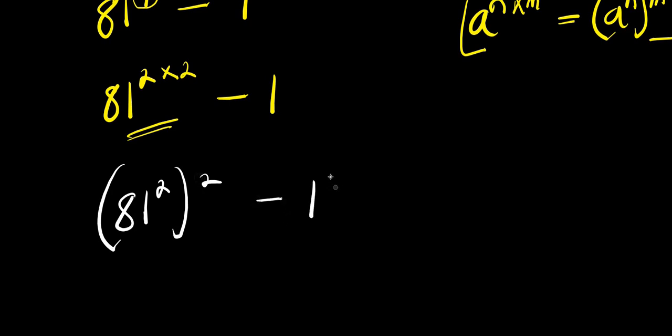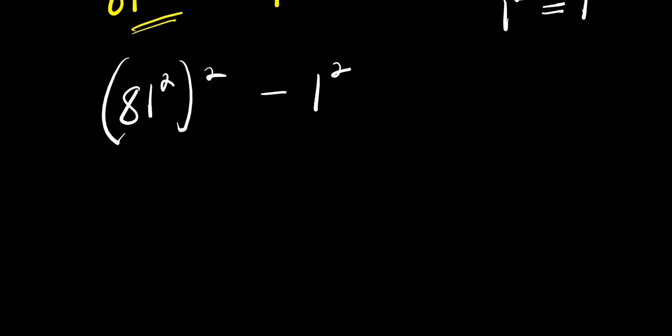Now, I can decide to also raise this 1 to the power of 2, because 1 power 2 is the same thing as 1. So at this point, I can apply the difference of two squares.